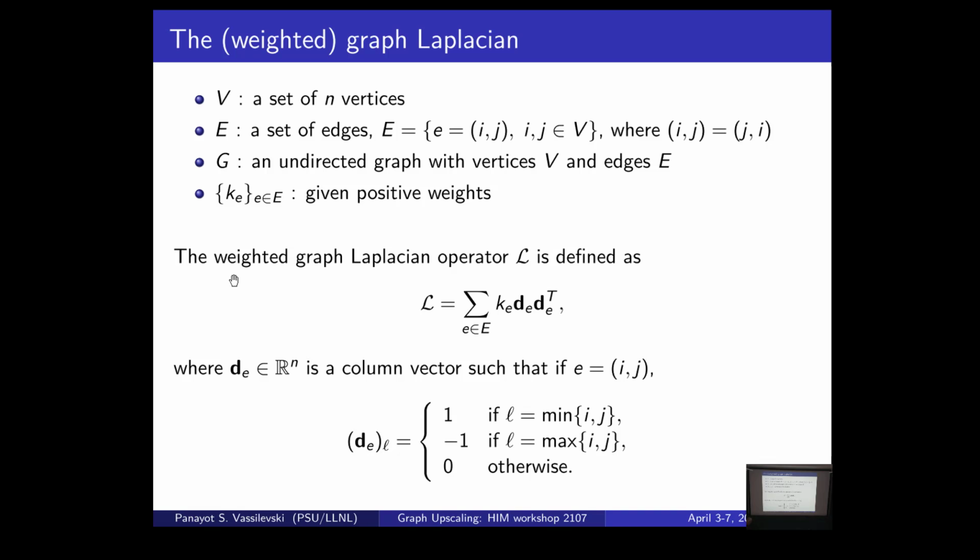If you look at this one, the matrix that you're getting looks like that. It's a sum of rank 1 matrices, d_e times d_e transpose, and there's some weight in front of it. And D is like a discrete gradient, okay? It's 1 and minus 1 at certain positions.